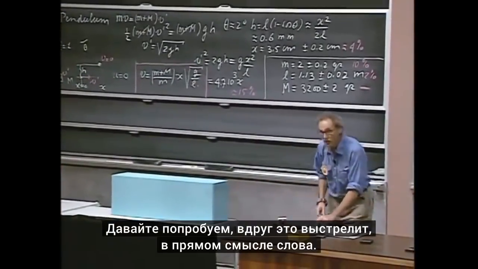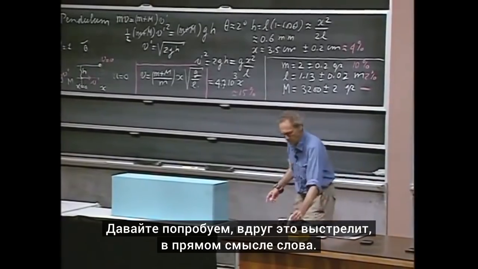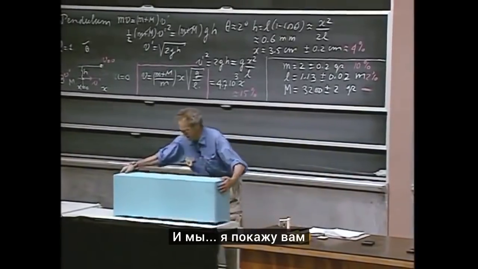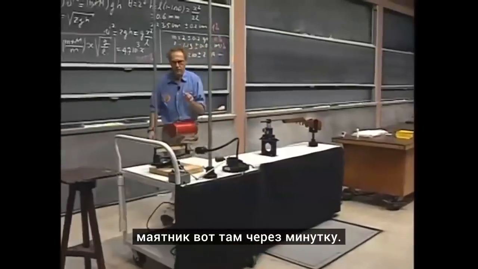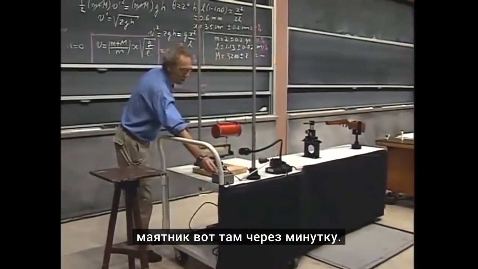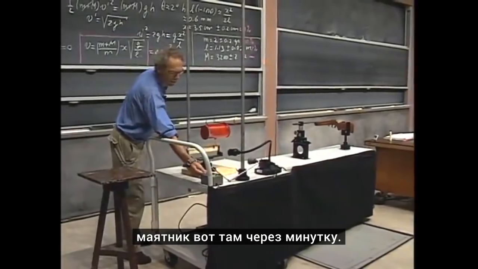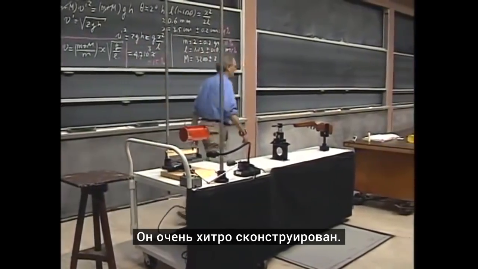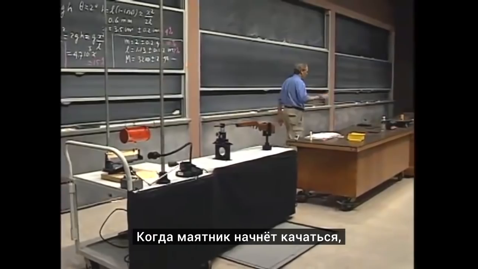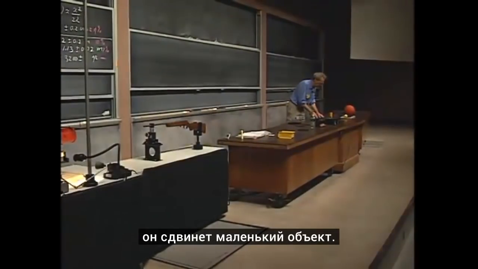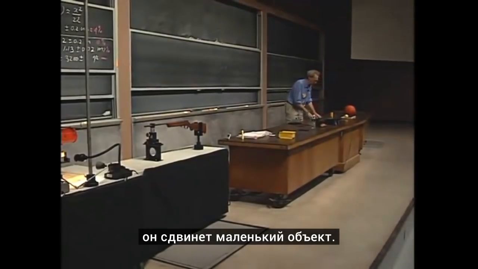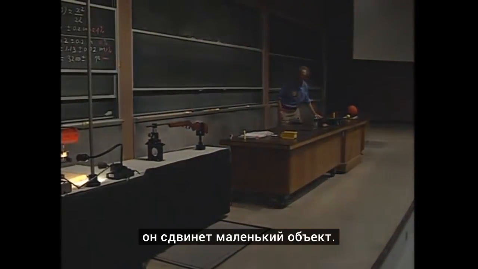So let's give it a shot, no pun implied, and we can make you see the pendulum right there very shortly. And it is very cleverly designed. When the pendulum starts to swing, it's going to move a small object.